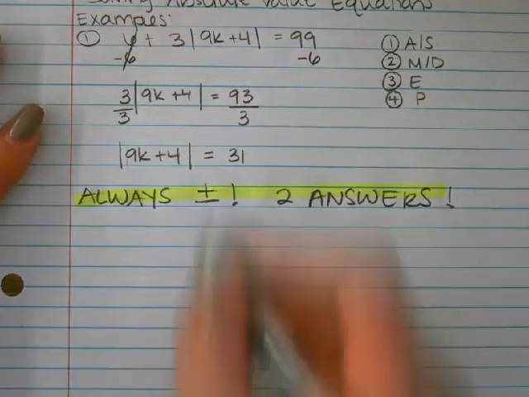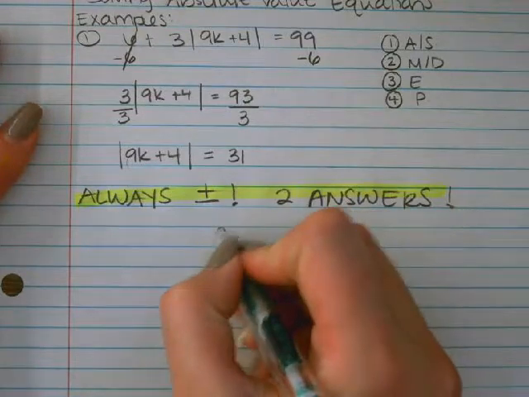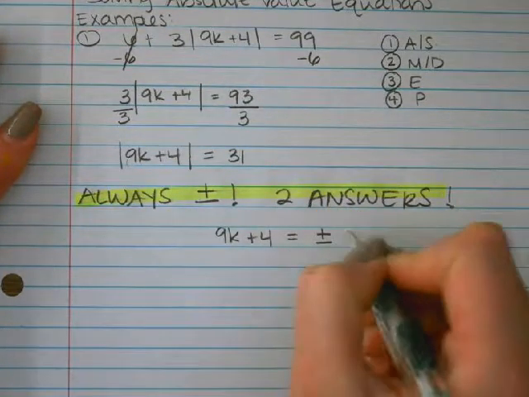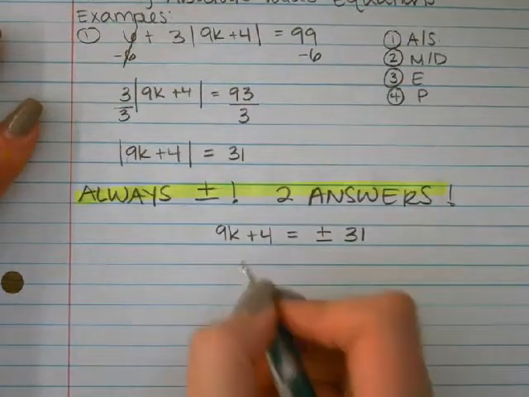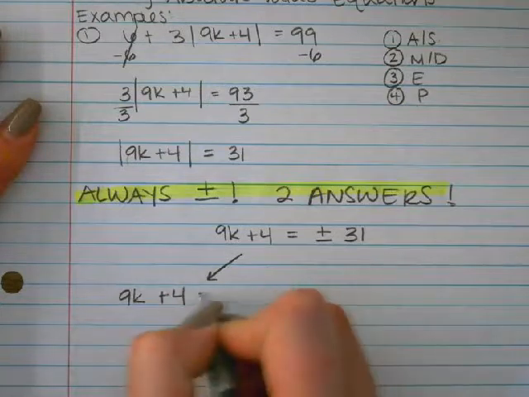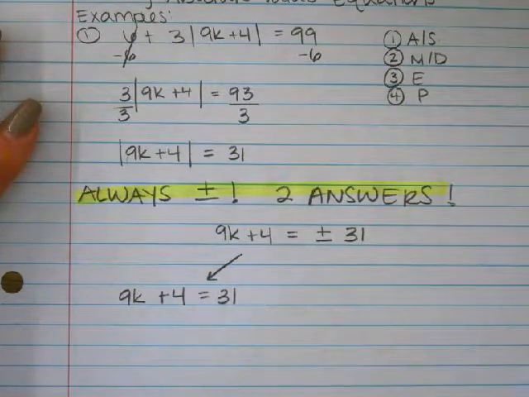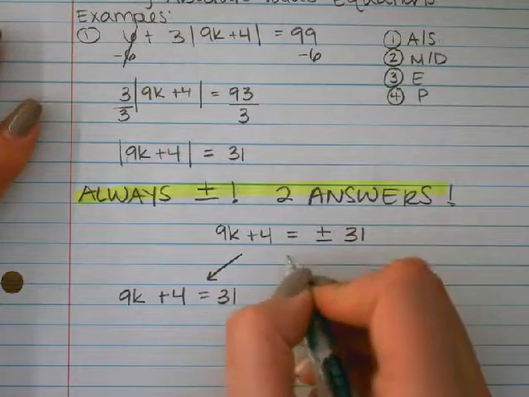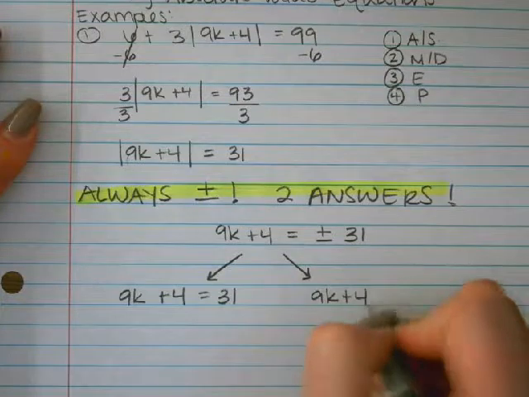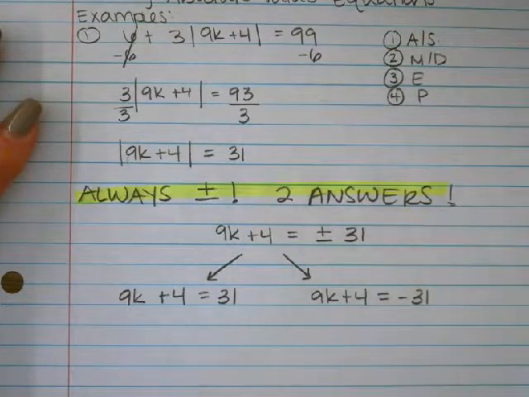So now I'm going to say 9k plus 4 equals positive and negative 31. 2 answers. So 9k plus 4 equals positive 31. That's one equation I have to solve. The other equation I have to solve is 9k plus 4 equals negative 31. 2 equations.